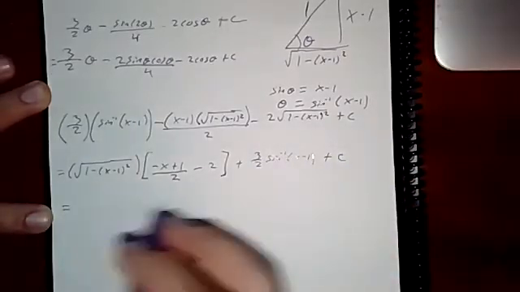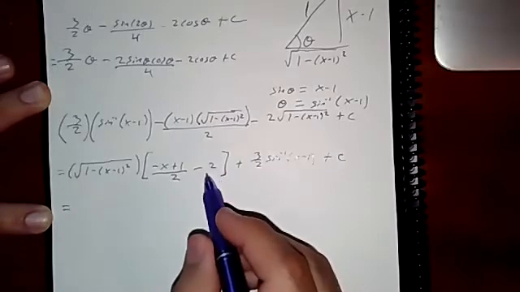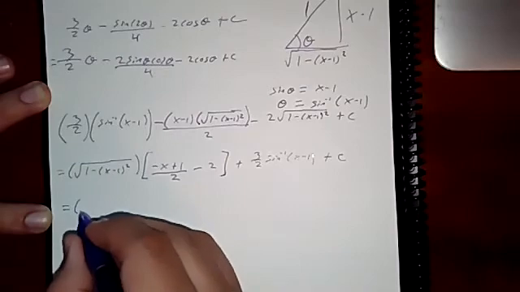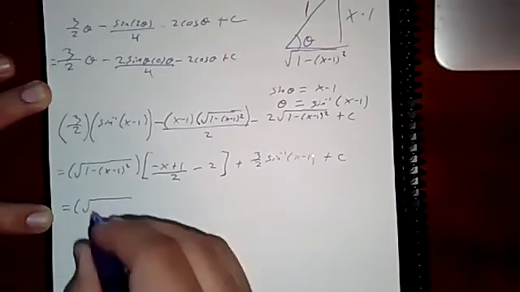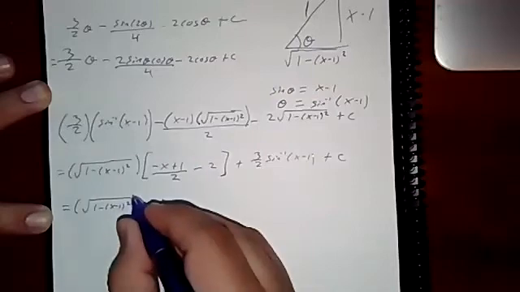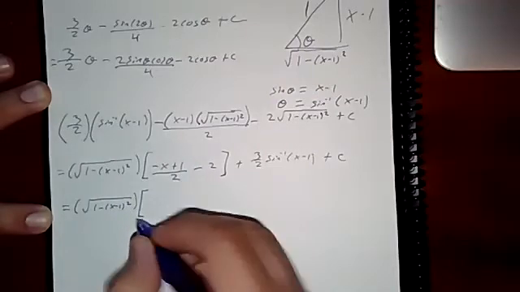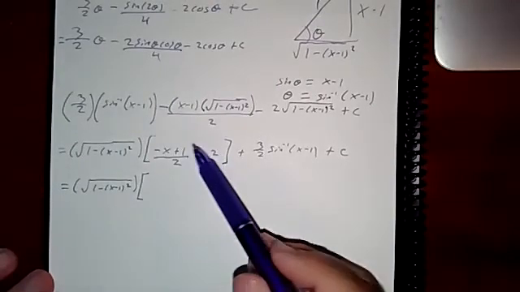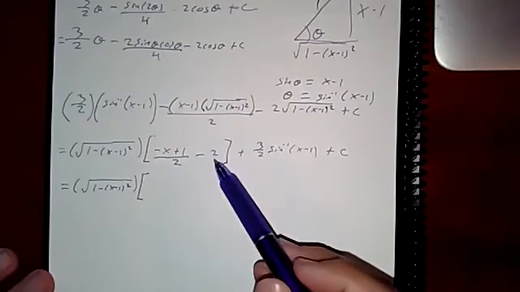So that would give me what? Combine this. That would give me what? Combine these numbers, 4 over 2.